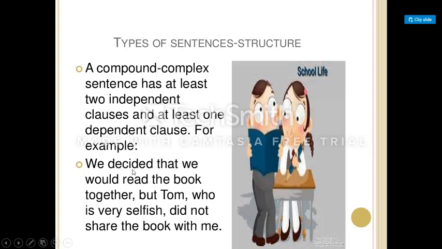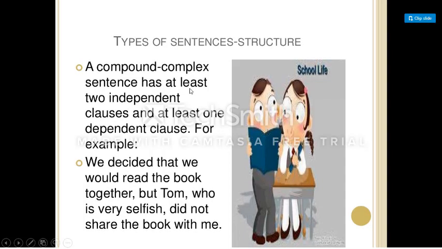So we decided, and Tom did not share the book with me. They are independent clauses. So this example has two independent clauses and two dependent clauses. You have no restriction regarding the number of dependent clauses, but it must have at least two independent clauses. This is the minimum requirement to be a compound complex sentence.